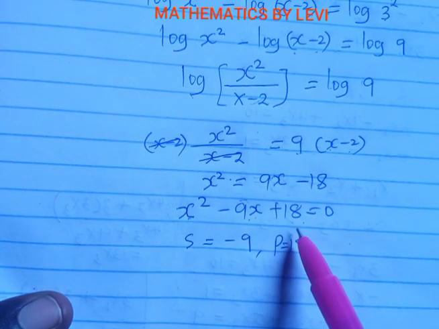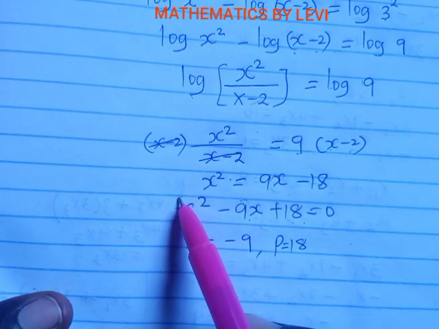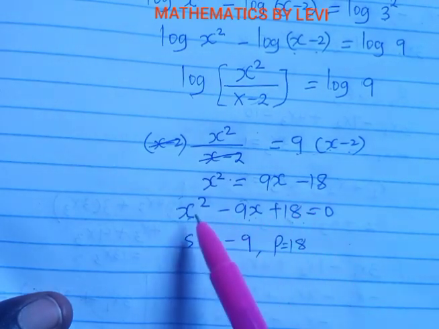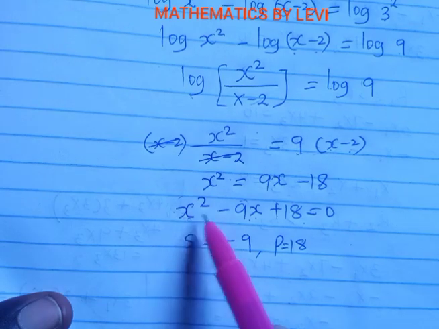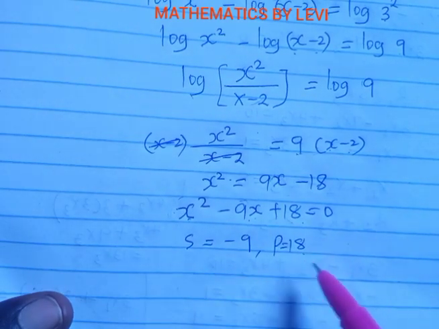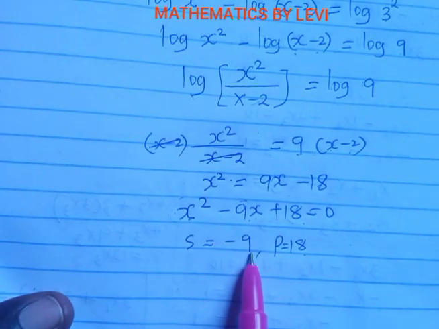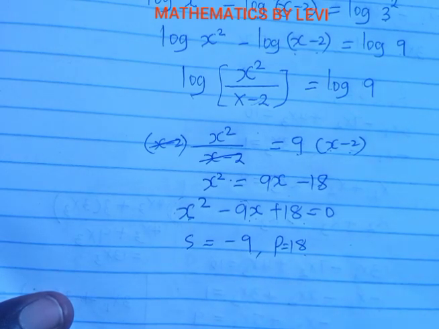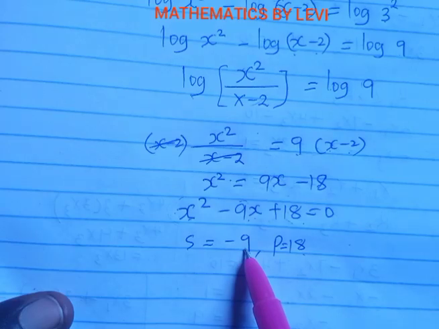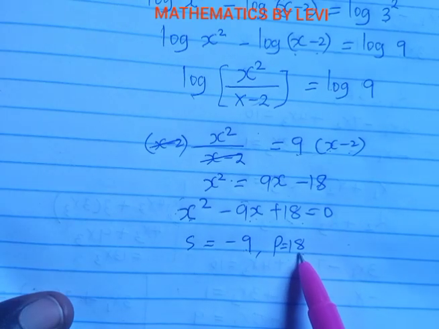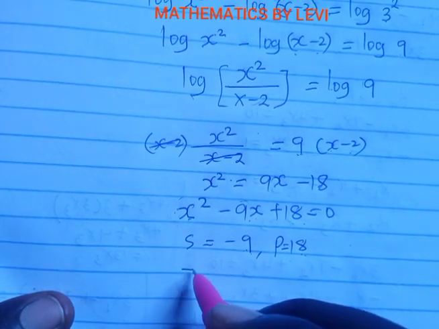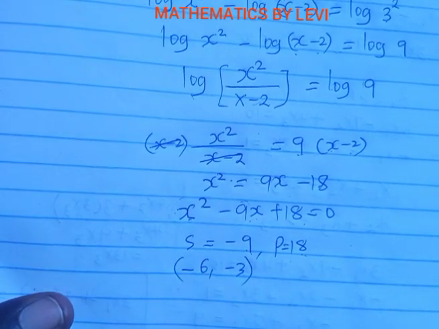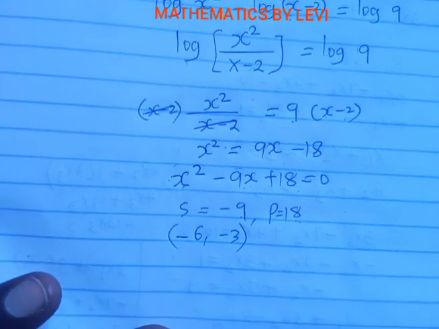The coefficient of x squared is 1 and the constant is 18, so the product is 1 times 18, which is positive 18. Now, which two numbers, when you add, you get negative 9, and when you multiply them, you get 18? The two numbers are negative 6 and negative 3.